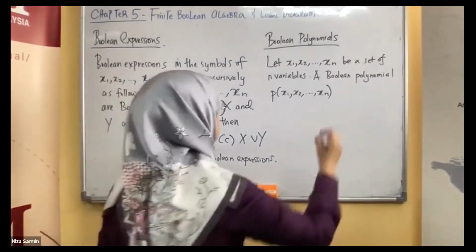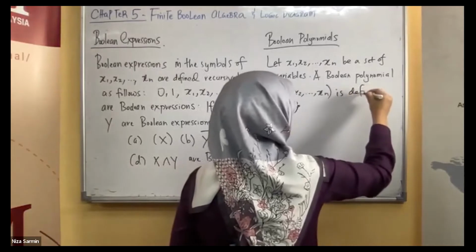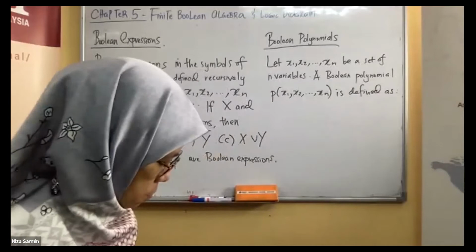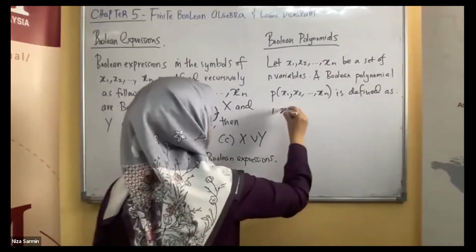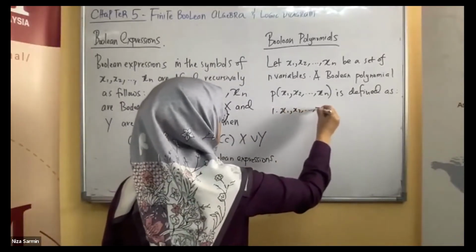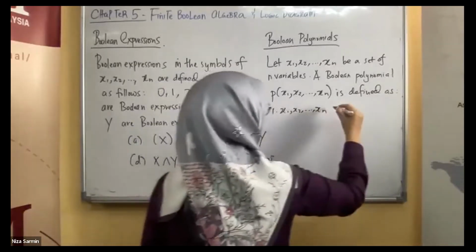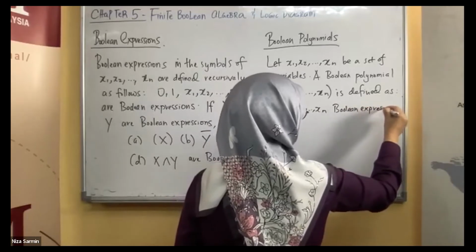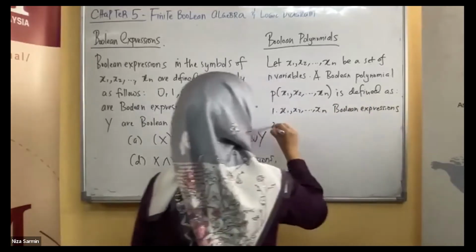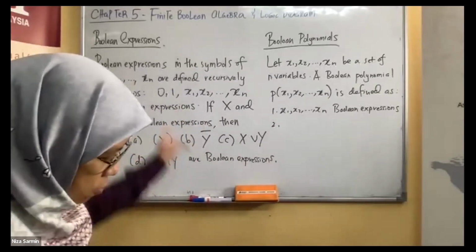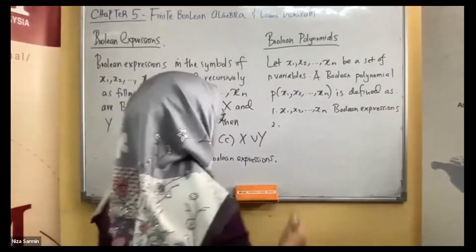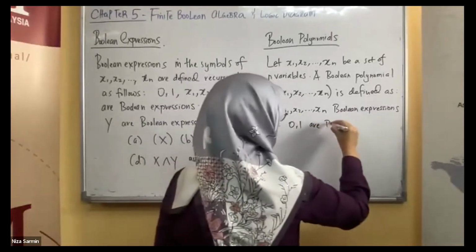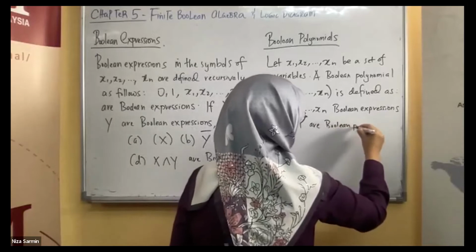It is defined as follows: x1, x2, and xn are Boolean expressions coming from here, and 0 and 1 are Boolean polynomials.